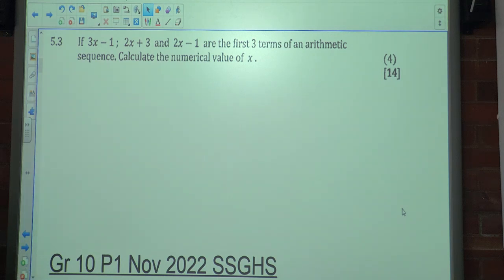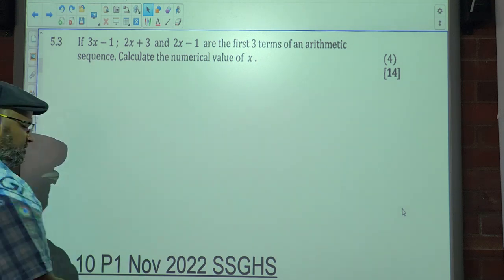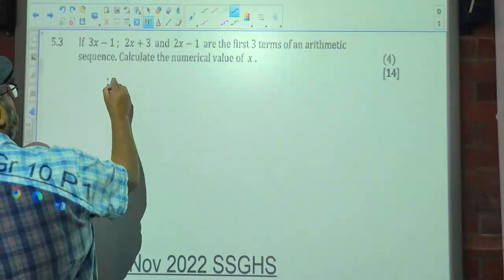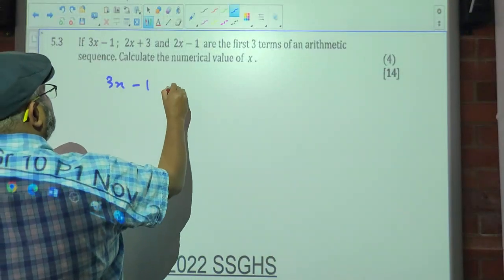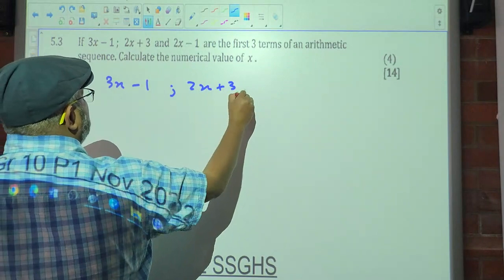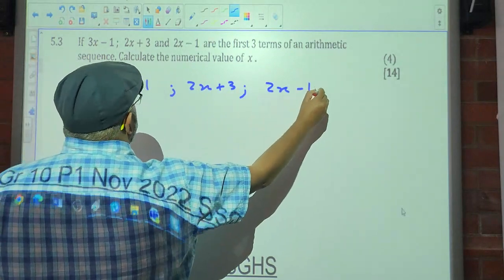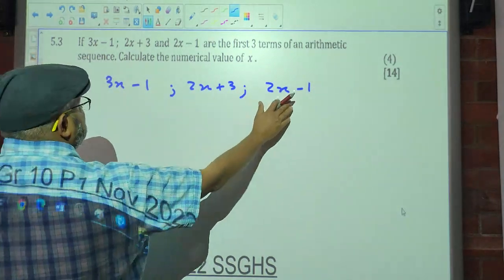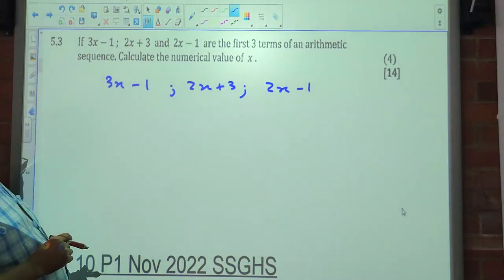A common difference. What do we only find in a geometric sequence? Common ratio. Okay. So here, you got 3x minus 1, 2x plus 3, and 2x minus 1. These are the first 3 terms of an arithmetic sequence.